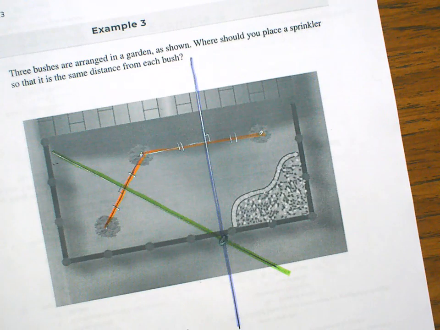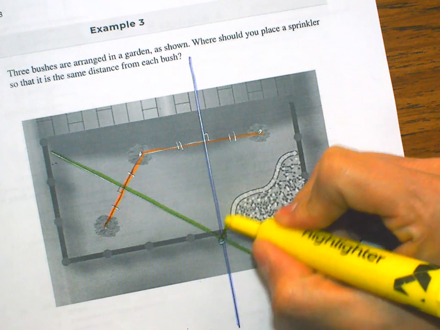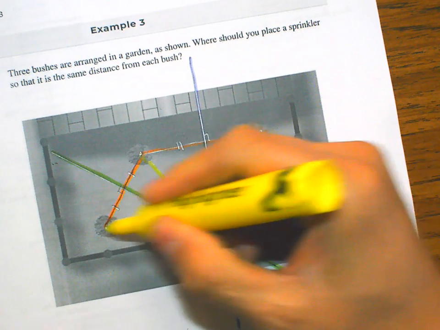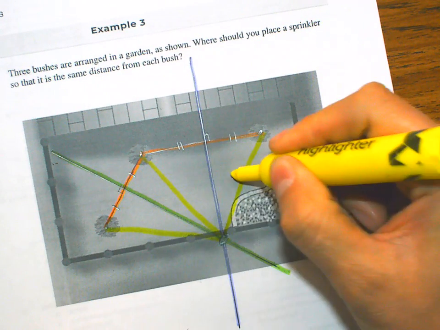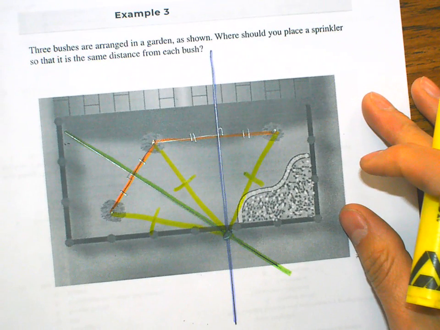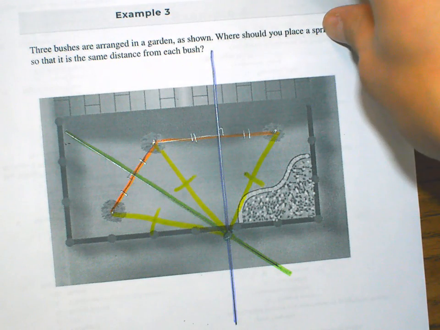Because that is the center of the circle, that implies it is equidistant to all 3 points, because it will be considered the radius of a circle. So this distance is the same as this distance and the same as this distance, because they're all the radius of a circle. If you need any help in class understanding this, I'm more than happy to go over this problem again.